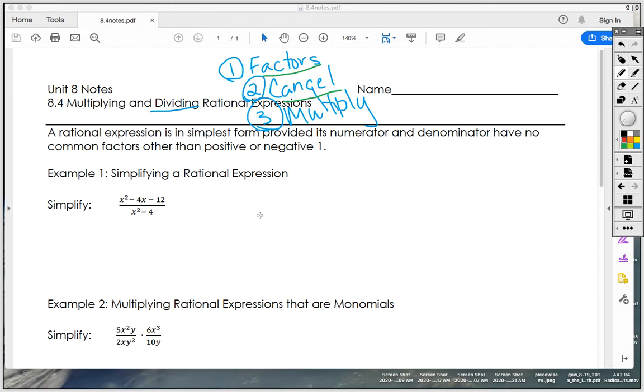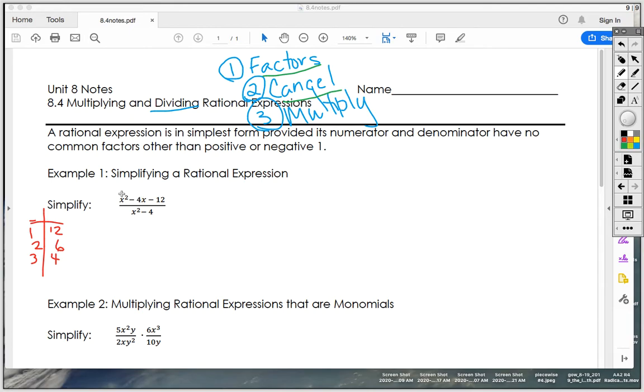So step 1 is going to be to factor them. So I'm going to think about factors of 12. I've got 1 and 12, 2 and 6, 3 and 4. Now, because it is negative, one of these is going to be positive, one is going to be negative.